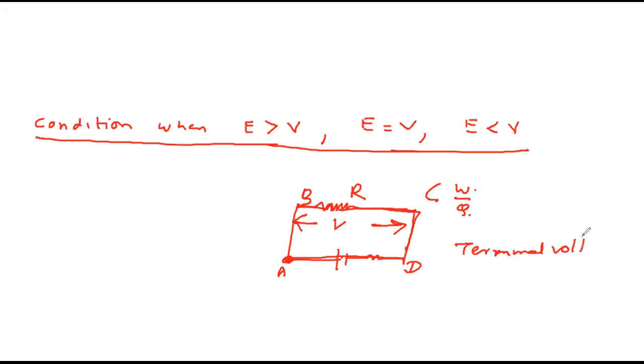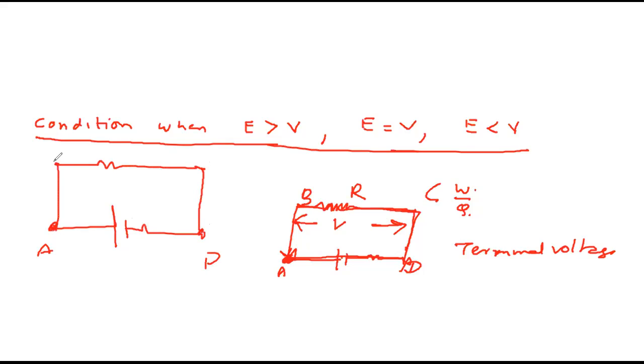Terminal voltage. मतलब ये तो पॉइंट ए डी का बीच में से ये कनेक्शन निकाल दो तो खाली बैटरी बचेगा. तो इसका एंड का वोल्टेज को बोलते हैं टर्मिनल वोल्टेज और ये रेजिस्टेंस के एंड का वोल्टेज को हम लोग बोलते हैं टर्मिनल वोल्टेज. टर्मिनल मतलब एंड. एकदम सिंपल में एक्सटर्नल वोल्टेज को टर्मिनल वोल्टेज. So we have to explain when this EMF is greater than terminal, when it is equal to terminal, when it is less than terminal.